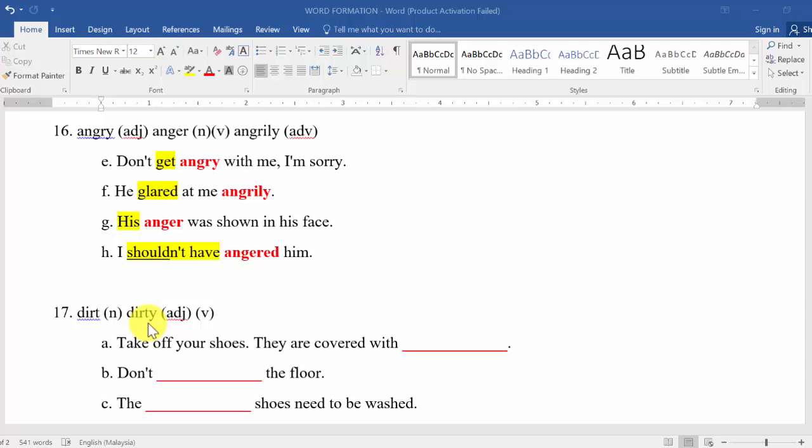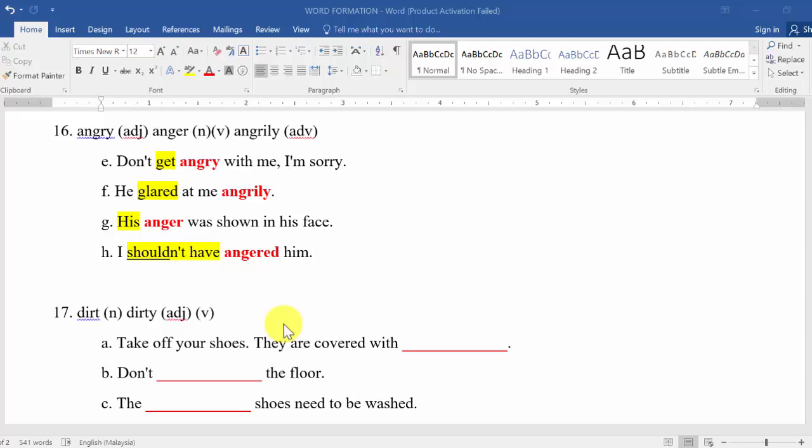Another example. If you only wash your school shoes once in a month, then by the end of the month, your school shoes will be very dirty. Dirty here is describing your shoes. Next one, verb. Dirty as a verb means, for example, you spill a glass of Milo on the floor.